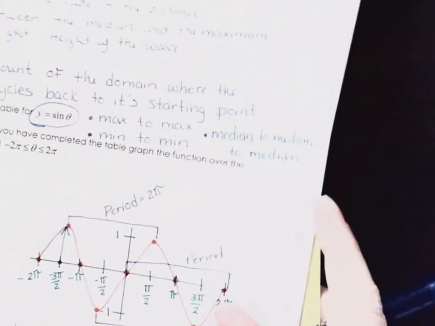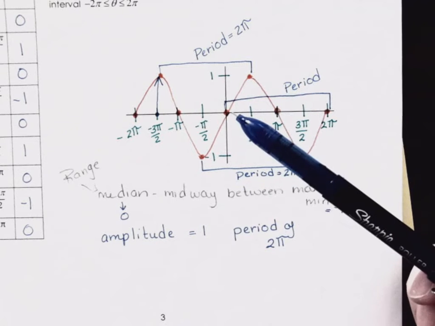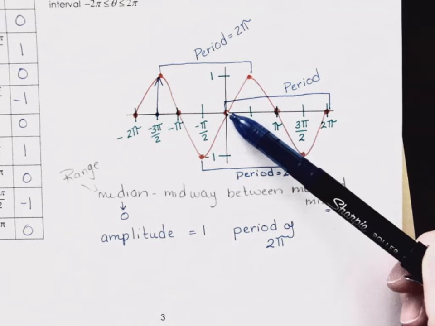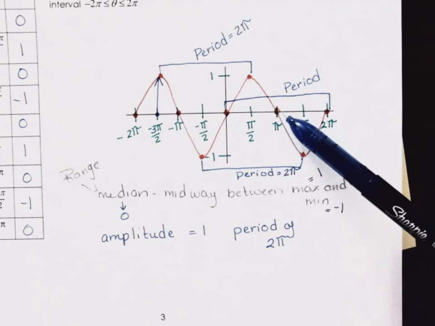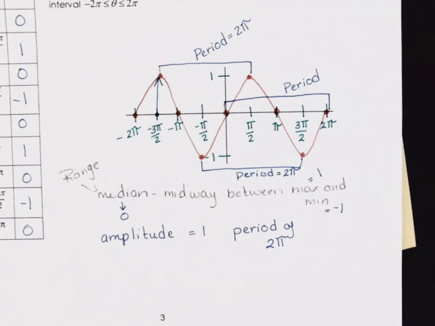So that's the one on the first page. This is why we're going to do a general solution for them. Where do we see our very first x-intercept? At 0. Where do we see our next one? Pi. Where do we see our next one? 2 pi. So what's the distance between every x-intercept?